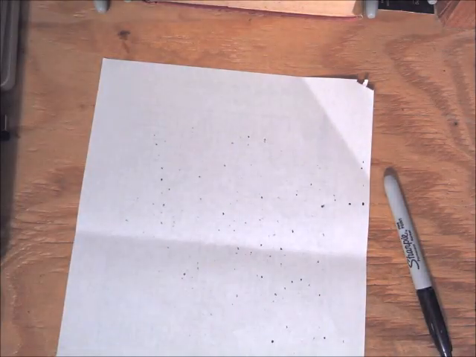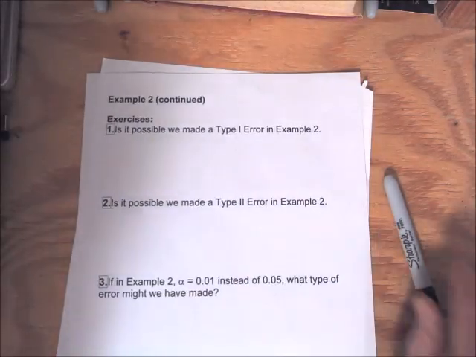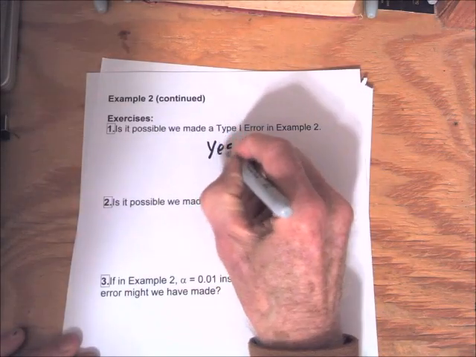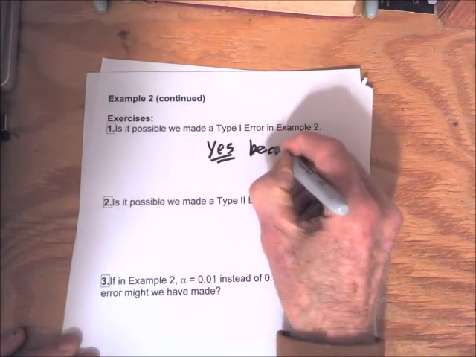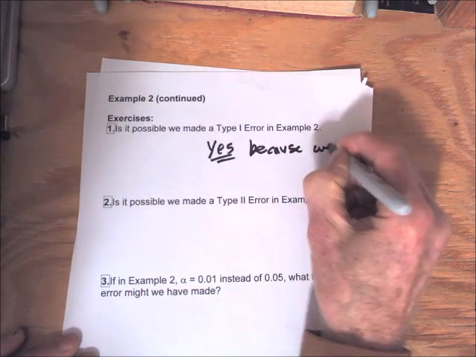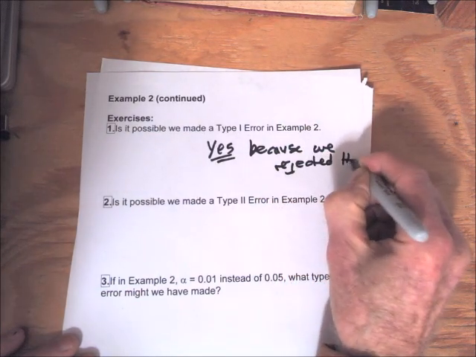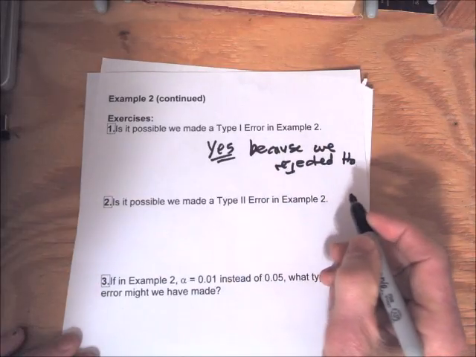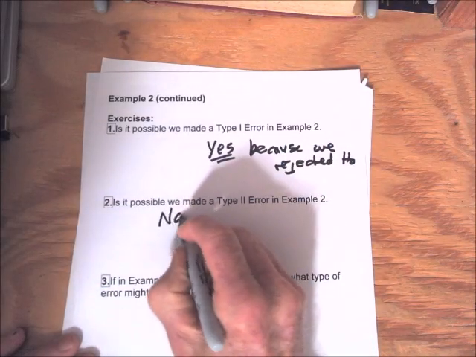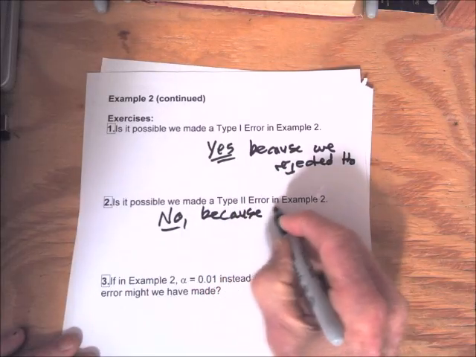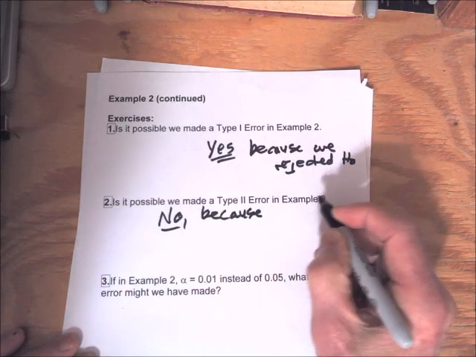So in this example, is it possible we made a type 1 error? In example 2, yes, because we rejected H0. Is it possible we made a type 2 error? No, because we rejected H0. If we reject H0, we take a chance of making a type 1 error.